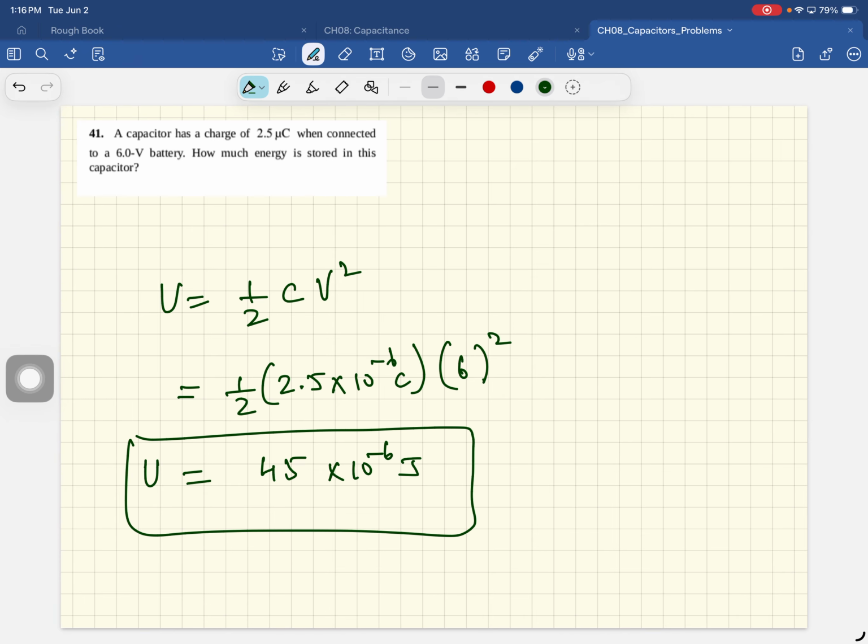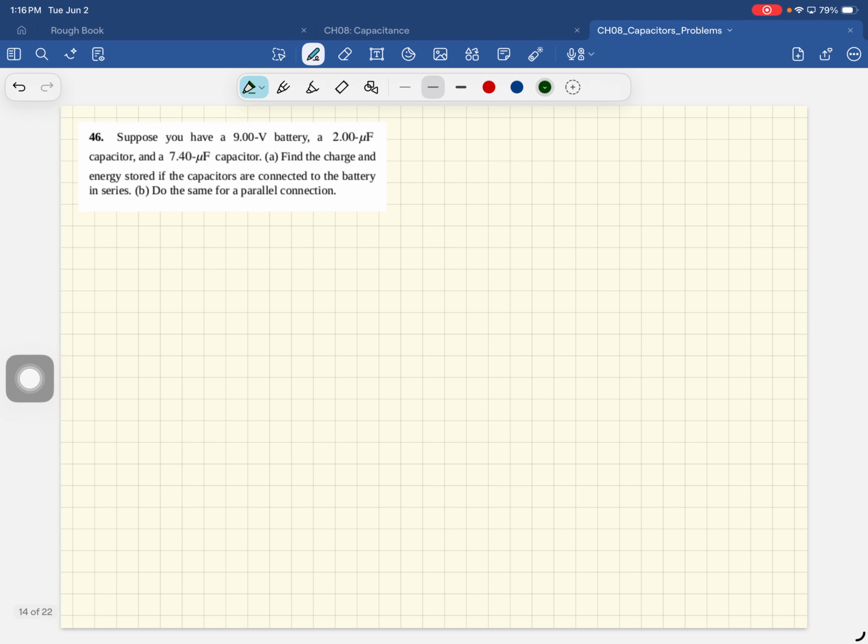Now let's do the parallel combination. So in the parallel combination, here's the 9-volt battery, 2 microfarads and 7.4 microfarads.